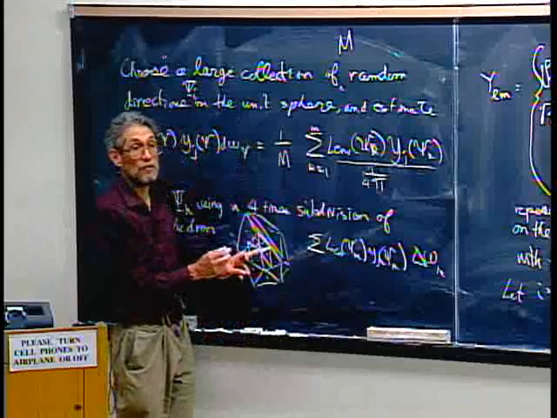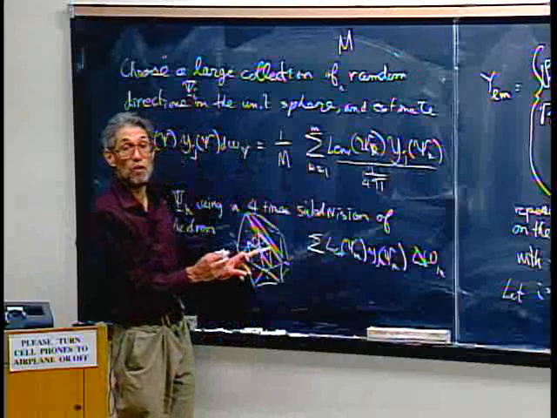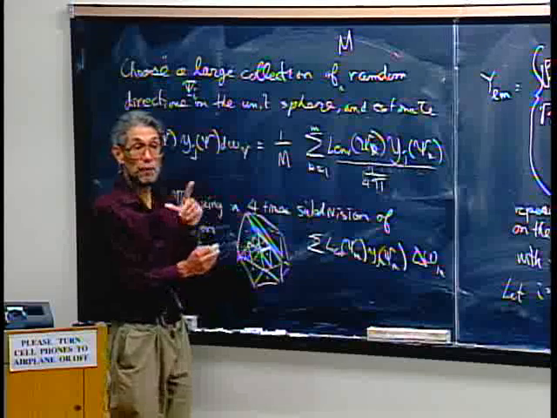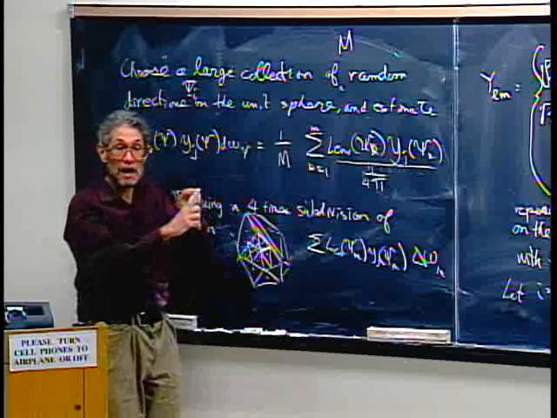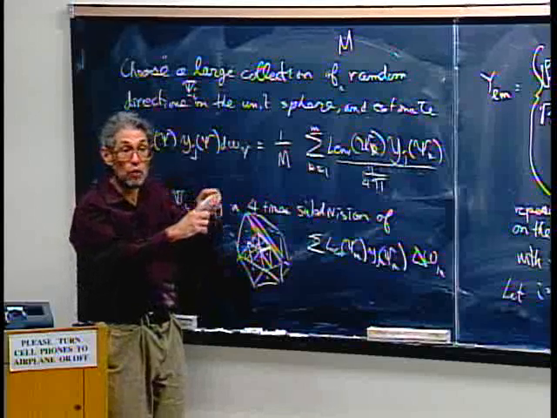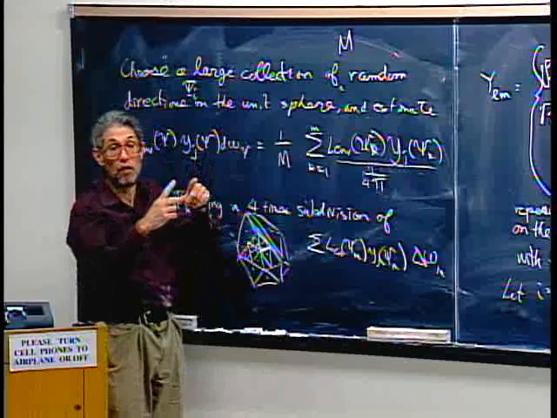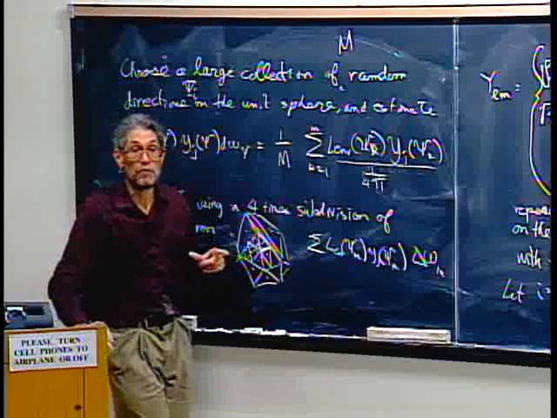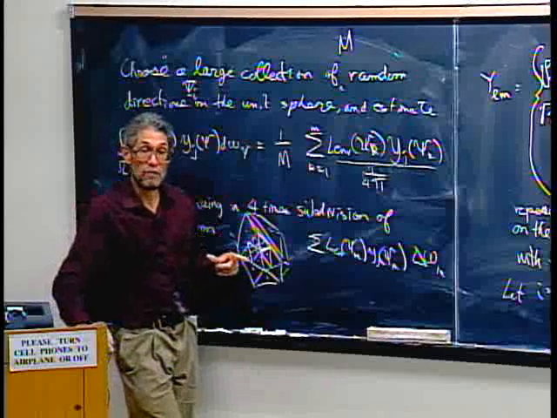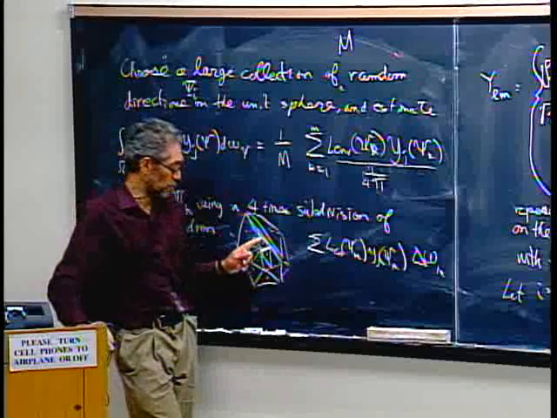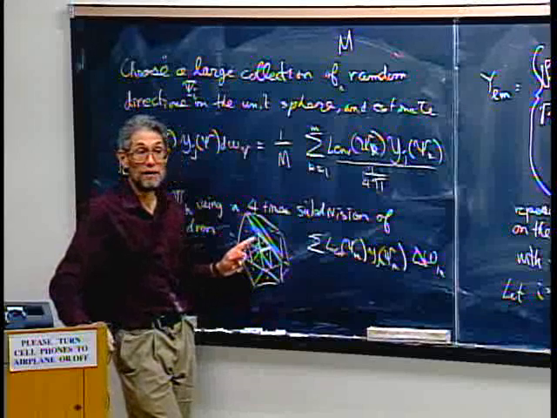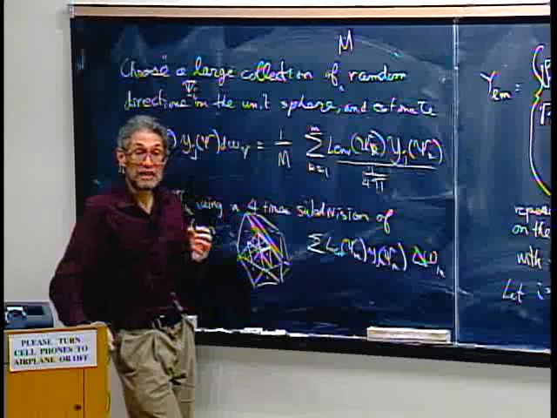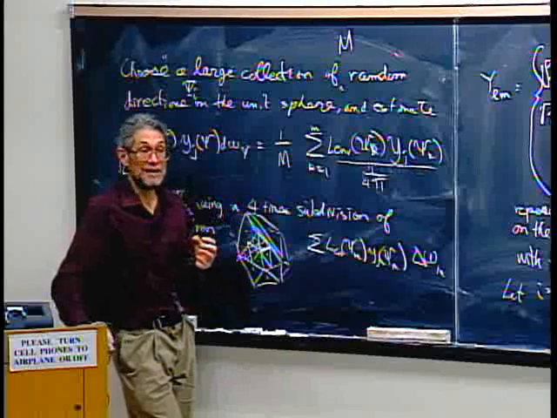It turns out the solid angle of a spherical triangle, does anybody know the formula? If you have a planar triangle, the sum of the angles adds up to 180 degrees. But when you bulge it out to make a spherical triangle, the sum of the angles adds up to more than that, right? Because this would be 60 plus 72 here. And so you take the excess over 180 degrees for the sum of the angles, and that's a formula.